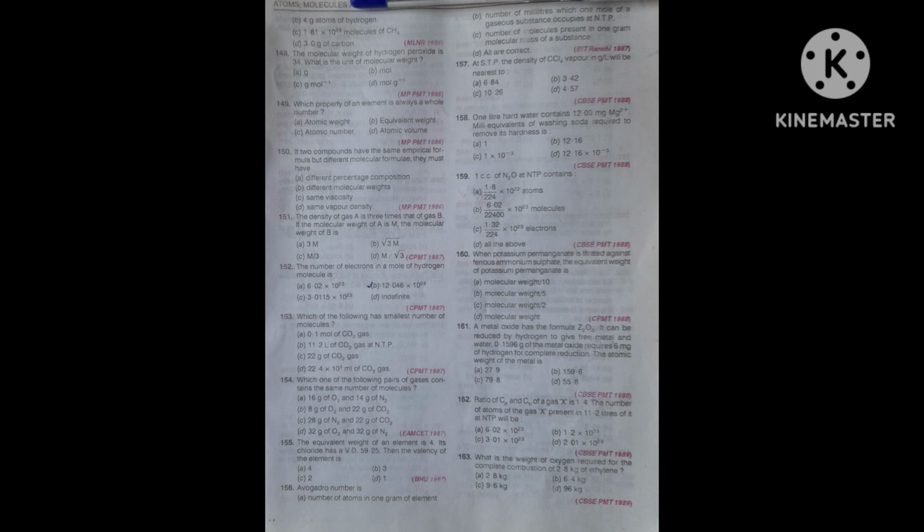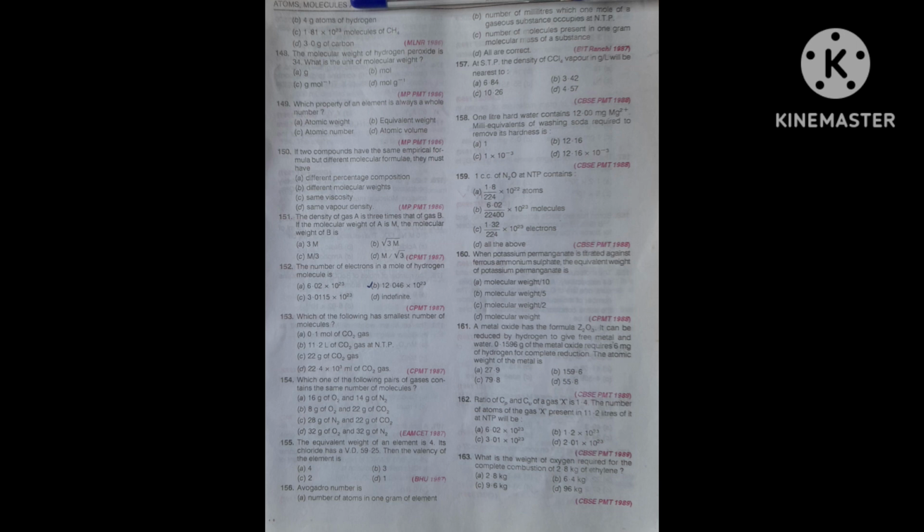Now in the question it is given that 0.1596 gram of Z2O3 reacts with 6 milligram of H2. Convert 6 milligram into gram by dividing by 1000, it becomes 0.006 gram.